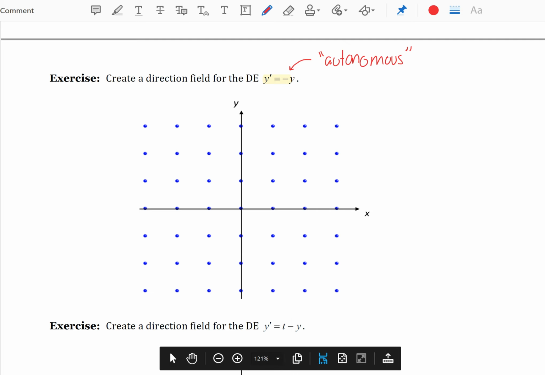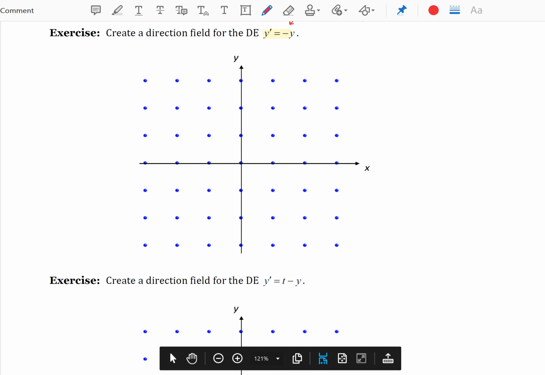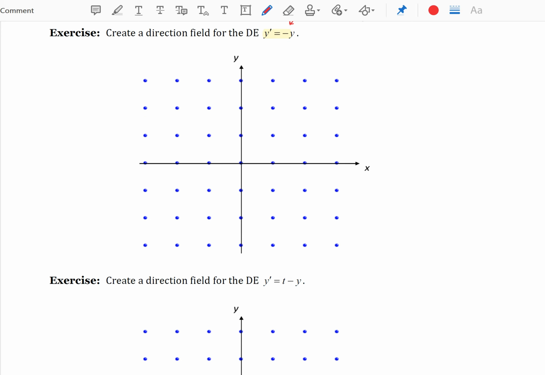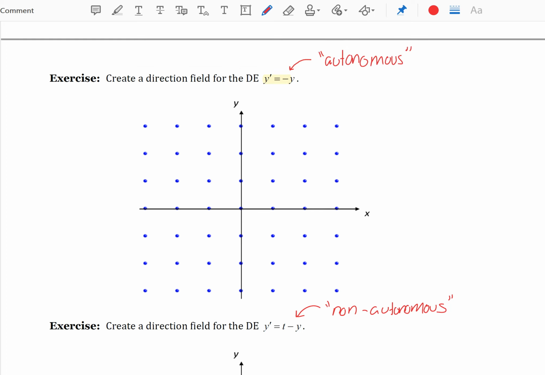Whereas in my second example I give you down here, this one is non-autonomous because t does appear in the differential equation. Now the difference that we want to notice is that the autonomous ones are dramatically easier because your differential equation, your slope, only depends on the y value.